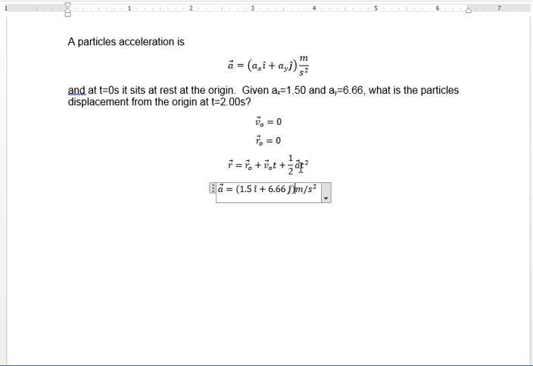Yes, my typos. Okay, and significant digits there, 1.50. So we know all of these, and we know the time is 2.00 seconds, right? So there you go.